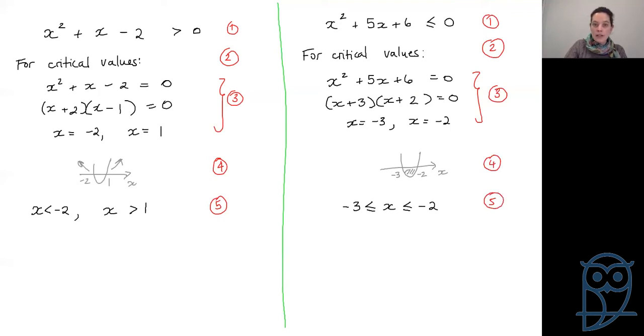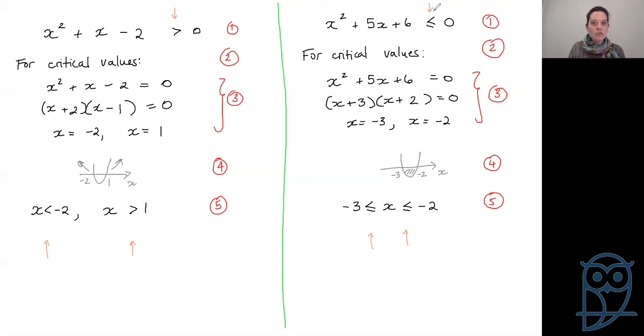And there's another thing for you to note. In the first answer, we had a less than and a greater than. Here, we've got the or equals to. That's because it always links to the question. In the first question, we had greater than 0. The equal 0 was not included. In this question, we had less than or equals to 0.